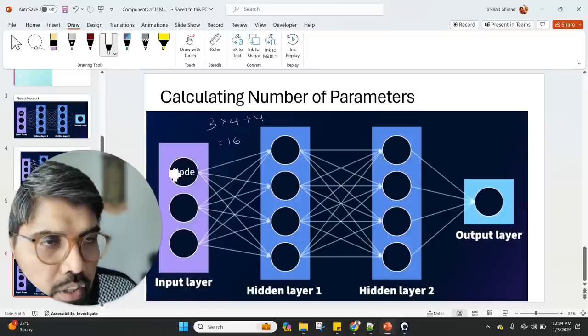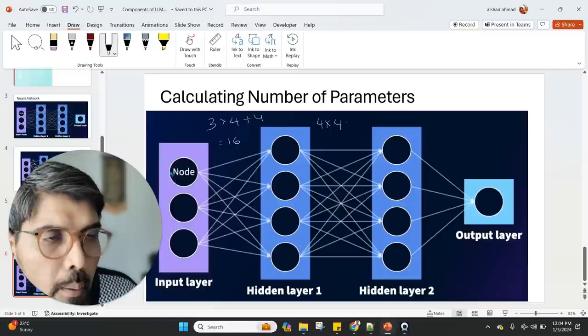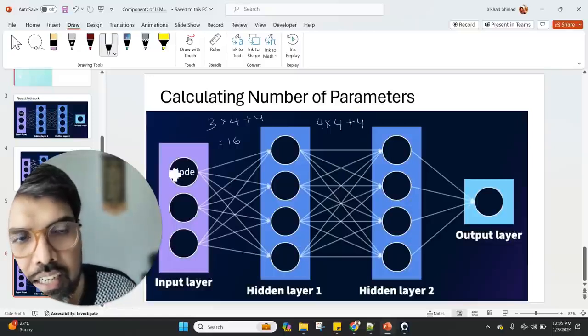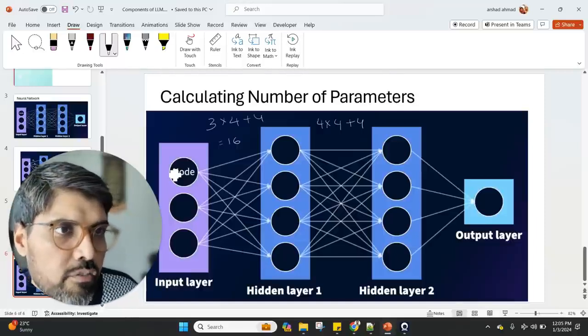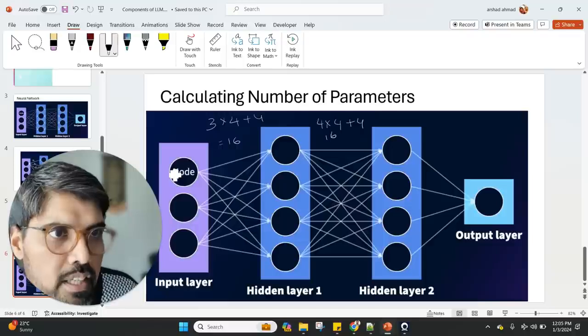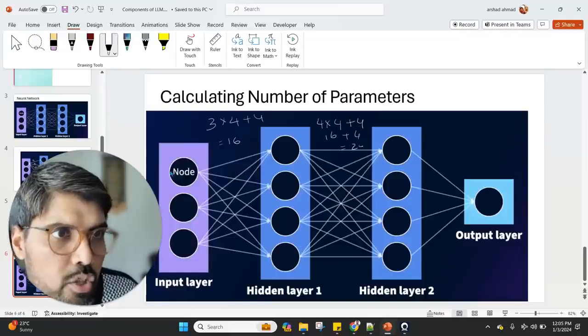In the second case, it is going to be 4 into 4 plus 4, because we have 4 nodes in the left layer and 4 nodes in the right, and 4 for the bias. So 4 into 4 is 16, plus 4, that is 20.